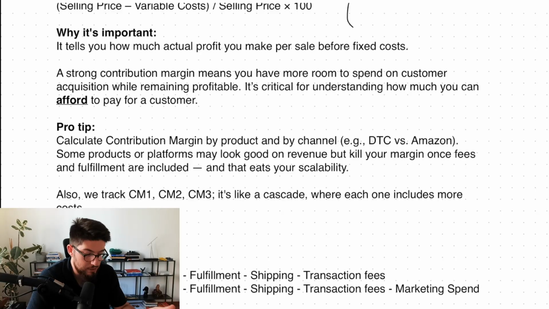For example, Amazon might be bringing growth and brand awareness, but it's not profitable. And then different things with, I don't know, email or Shopify or whatever. And even on the product level, there are products that have really bad margins, but are bringing a lot of volume. With these types of things, you have to go deeper.